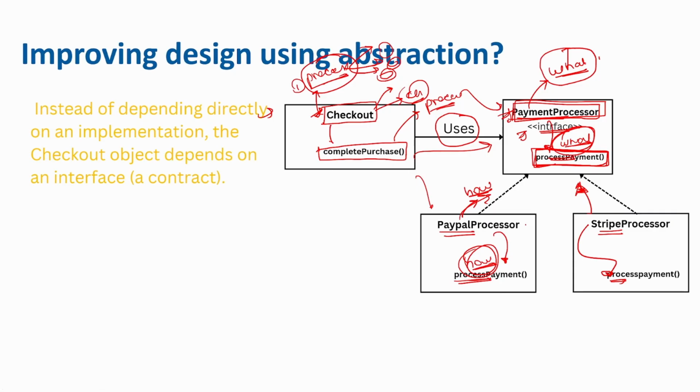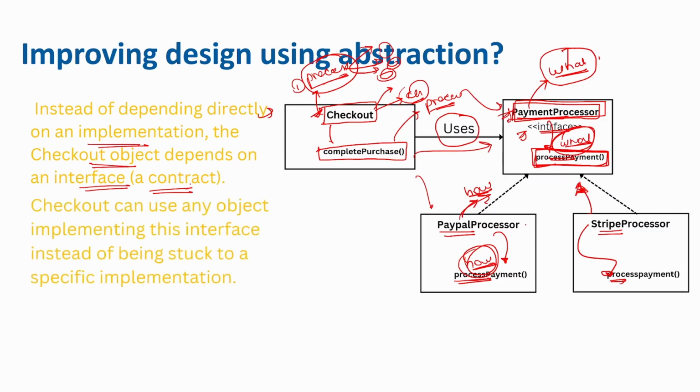Instead of directly depending on an implementation, the Checkout object now depends on the interface, like a contract. So the Checkout class can now use any object implementing this interface instead of being stuck to a specific implementation.